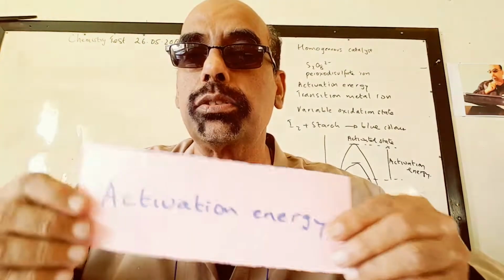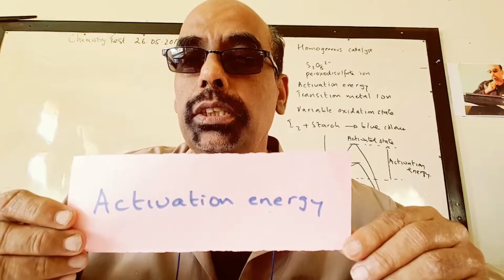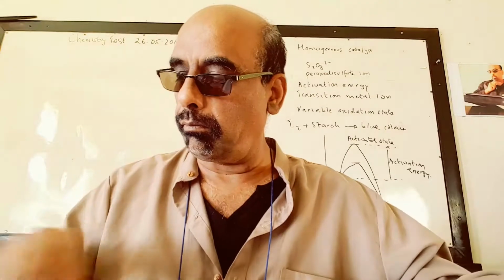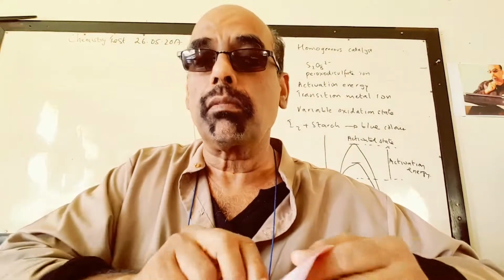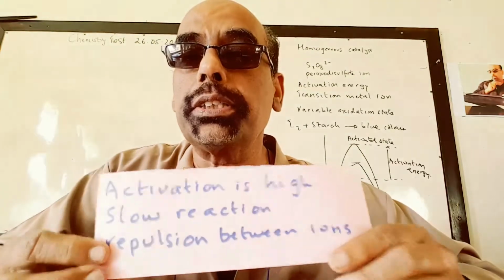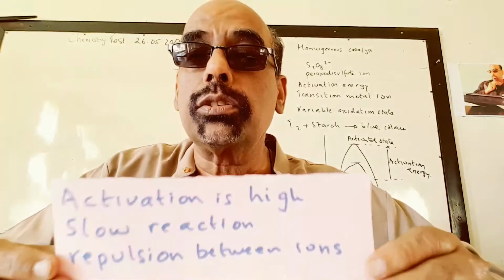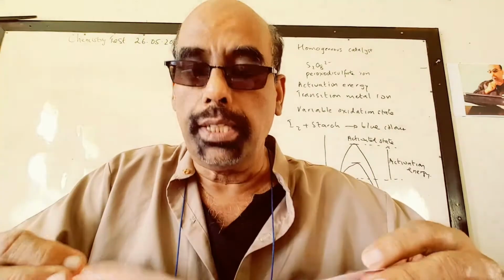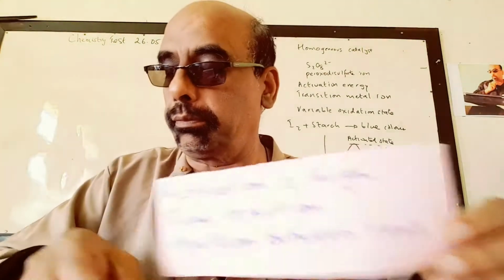Why is activation energy high? Because the ions repel each other. Activation energy is high, so the reaction is slow, and there is repulsion between negative ions.